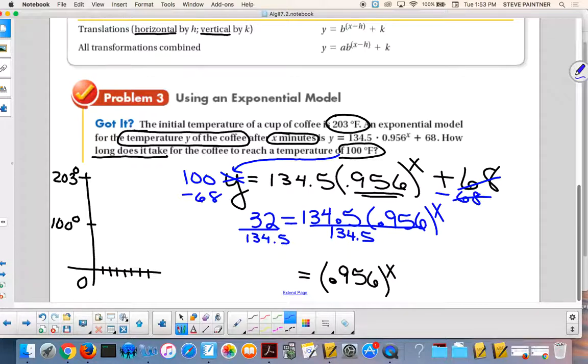Give me a little more, like give me 3 numbers. 0.238. Okay. So your job is to tell me how many minutes it takes for the coffee to go from 203 down to 100. And you know it's exponential growth, right? Decay. So, decay. I meant decay.